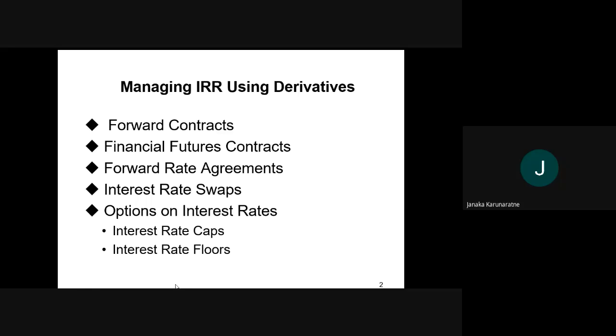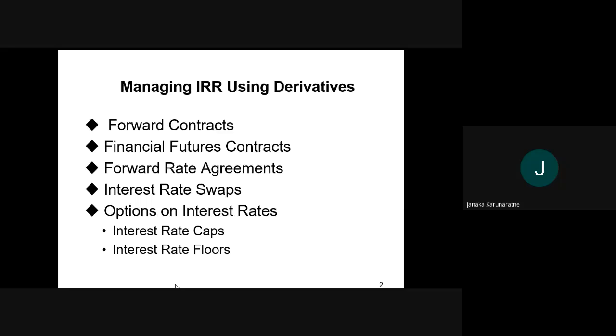For example, a forward rate agreement is like a subcategory of a swap, or maybe a forward contract. So when a forward contract or swap is subdivided, it's like a forward rate agreement.